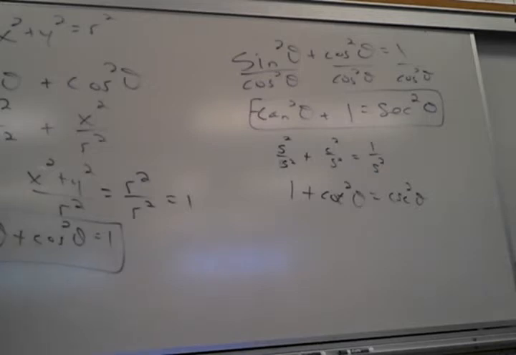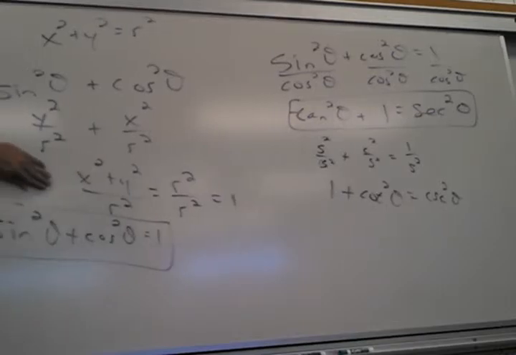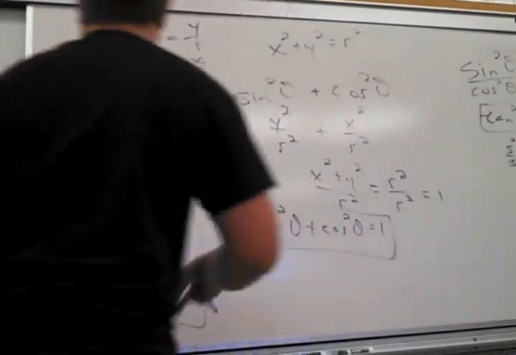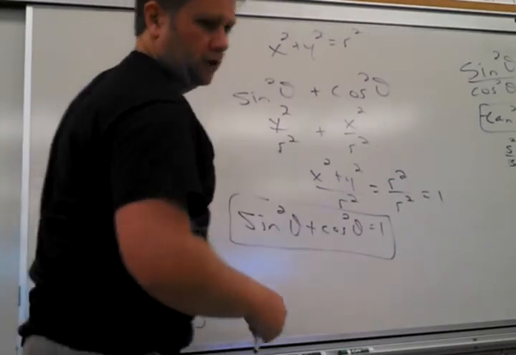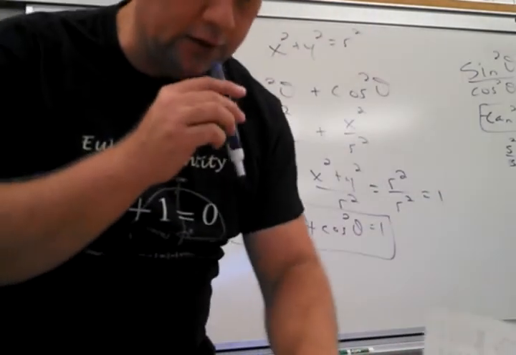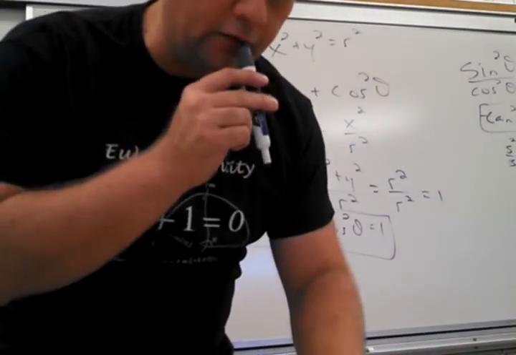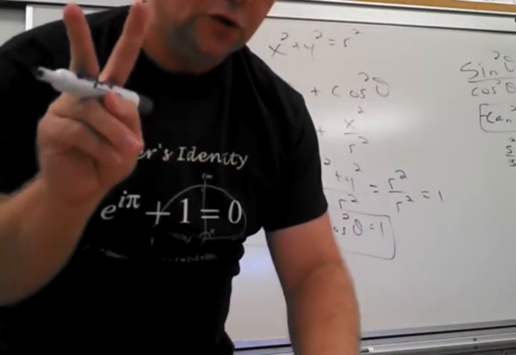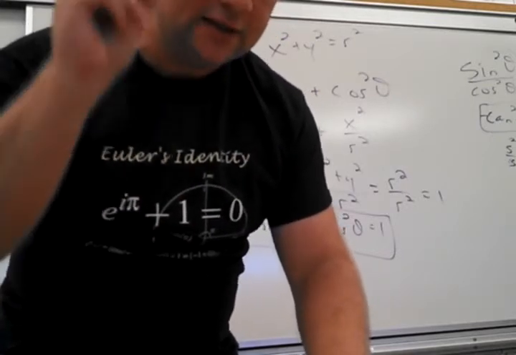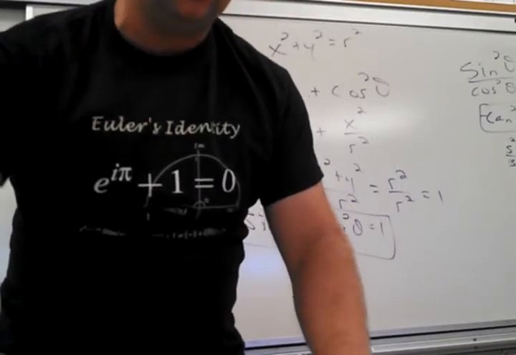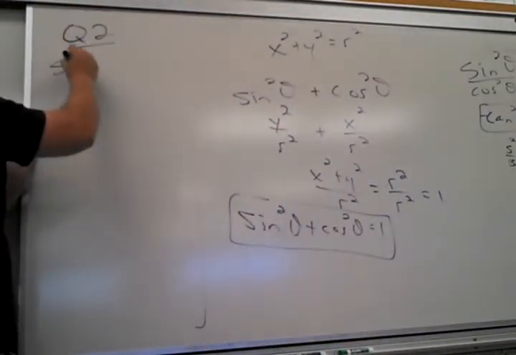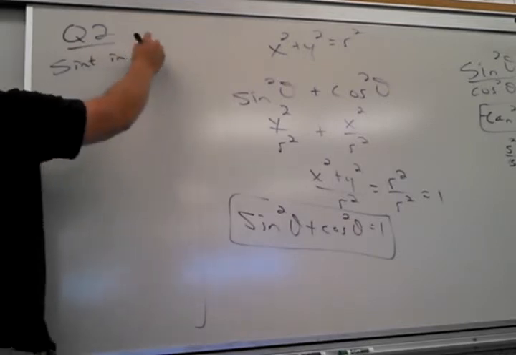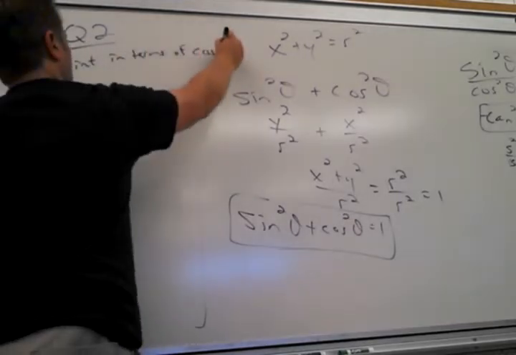Bam. So if somebody gave me cosine, let's do one of your problems there, Chris. Problem 55. I'm in quadrant 2, and I want to write sine in terms of cosine.